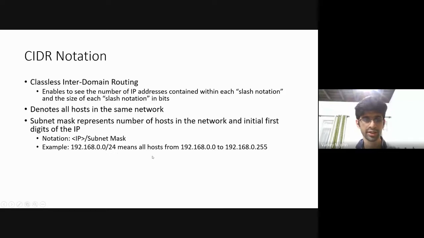So let's say 192.168.0.0/24. It means that all the hosts starting from 192.168.0.0 to 192.168.0.255. So this is the full range. It's easier to write like this than to write like this. So it basically shows that it starts with this particular IP address 192.168, and then it ends with any IP address within this range.